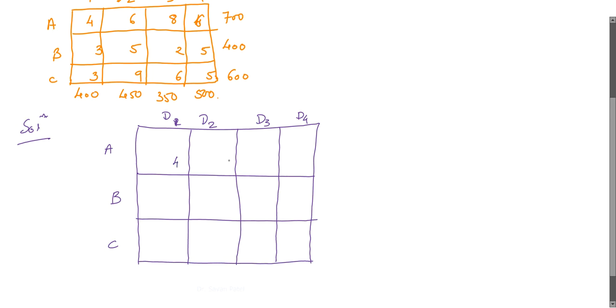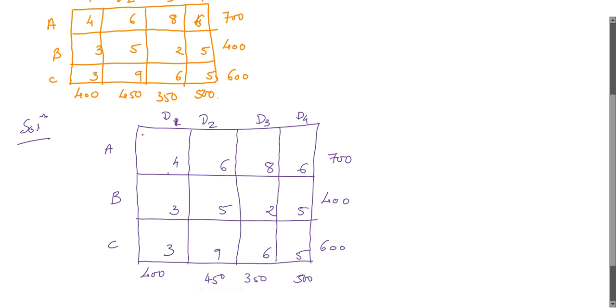Costs are 4, 6, 8, 6, 3, 5, 2, 5, 3, 9, 6, 5. Supplies 700, 400, 600, and demands 400, 450, 350, and 500. For the northwest corner method, we start with the first cell.